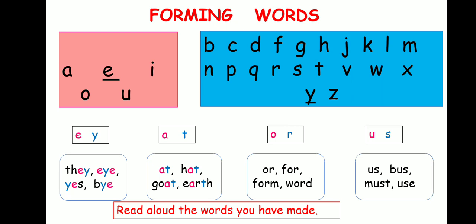Loudly you will read all the words that you have formed. I have done using 4 pairs of letters. You can do using as many pairs as you would want to do. In this way, children, you will make new words and also you will develop your language skills. You will become better in English.